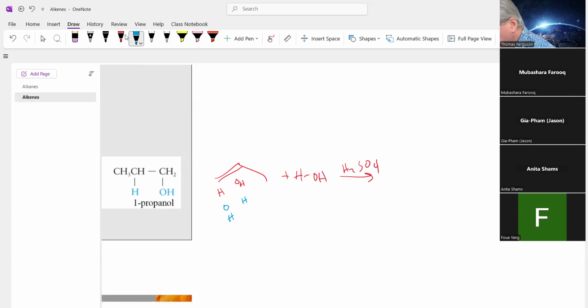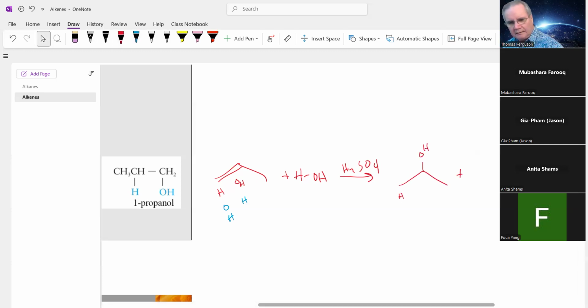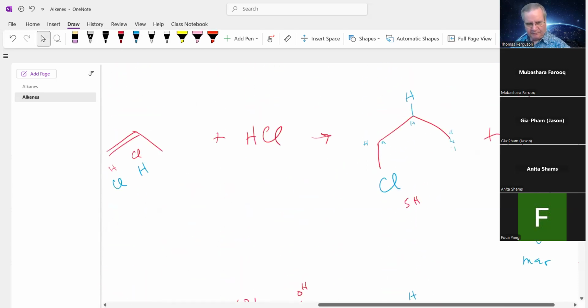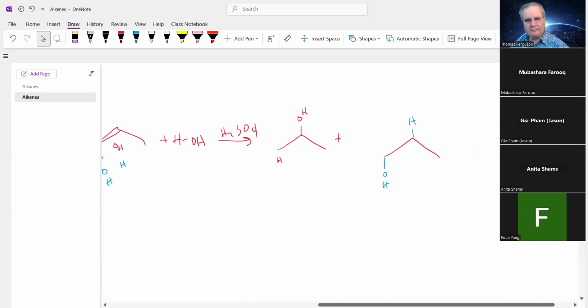So we're going to end up with, and for the same logic we used up above here, in Markovnikov's, we've got 3 and 3.